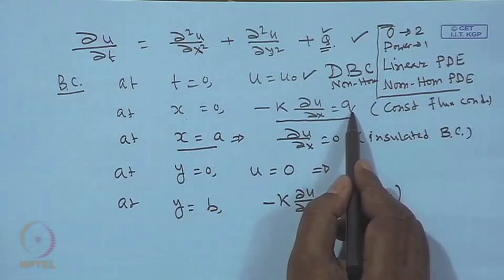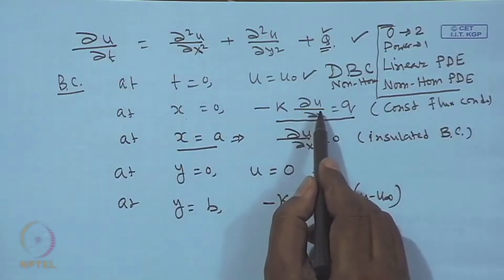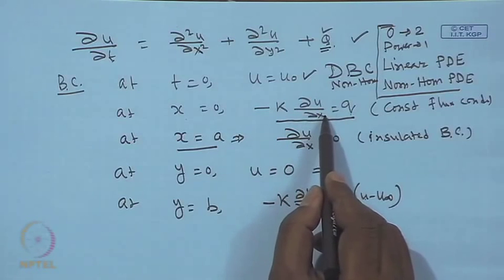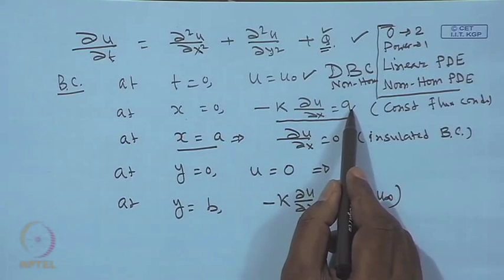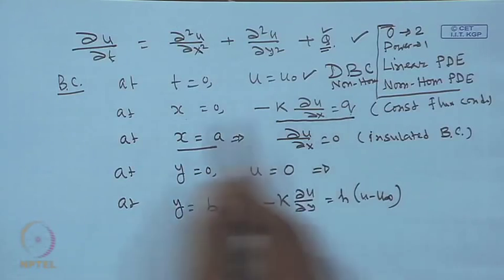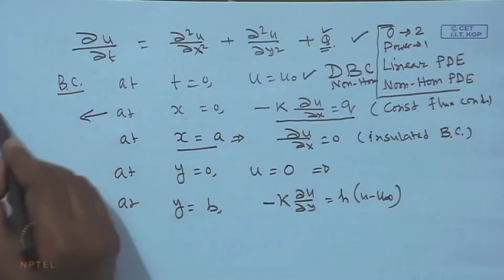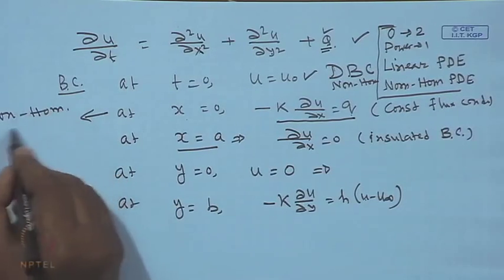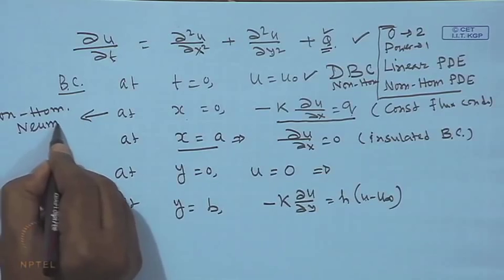Since the derivative of the dependent variable is present, this is a Neumann boundary condition, but since it is not 0, it is q, and that q is not a function of u, therefore this is a non-homogeneous Neumann boundary condition.